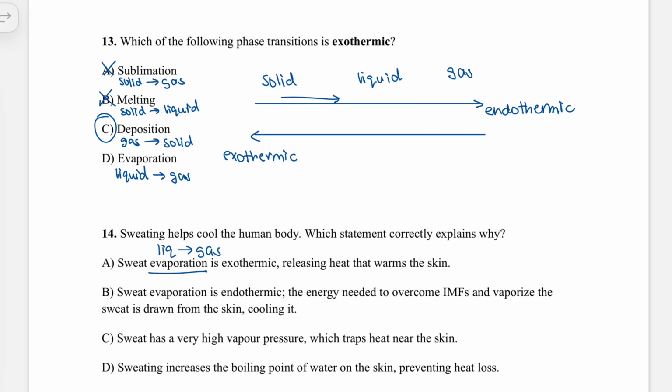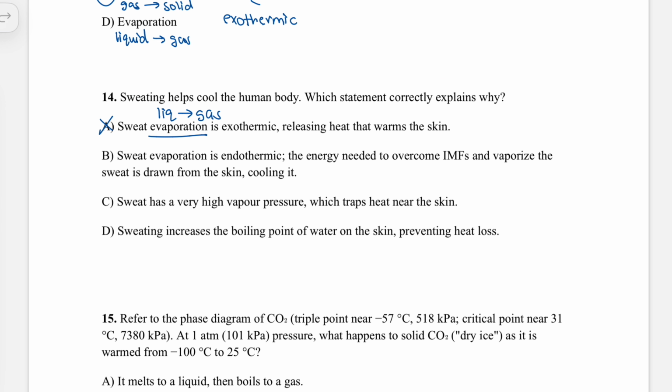When it becomes less dense, it's going to be endothermic. So this is not exothermic, so that's not it. B, sweat evaporation is endothermic. This is correct. And the energy needed to overcome IMFs and vaporize the sweat is drawn from the skin, cooling it. This makes sense, and that's the correct answer.